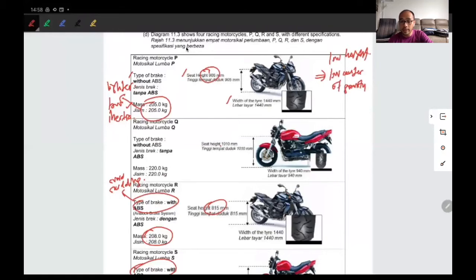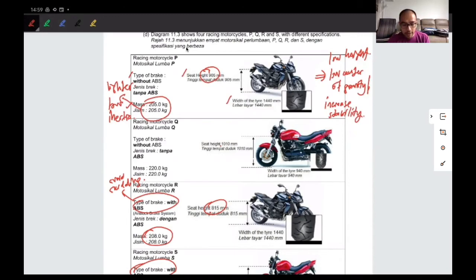Why is low center of gravity important? You can also say it increases stability. They're more stable. Nobody wants to ride a motorbike with their bottom sticking up. It doesn't work. Come on. It's not fast.